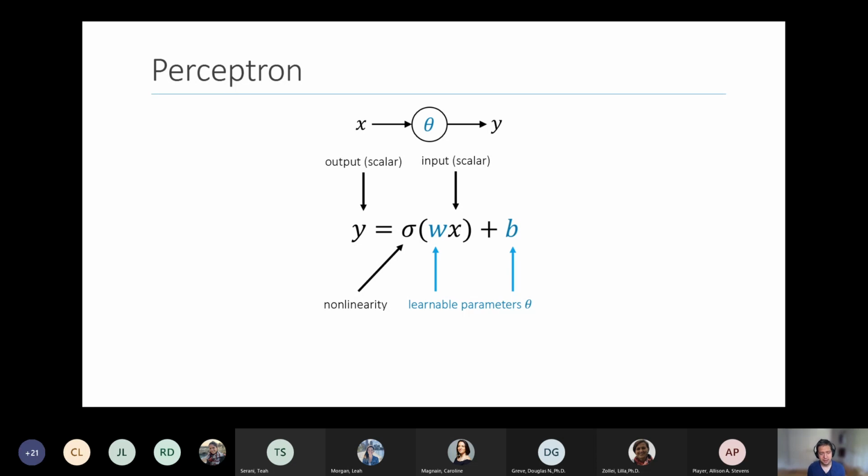This nonlinearity tends to be something very simple as well. And then we tend to add a bias term sometimes. And so it's a very simple relationship, right? It's all scalar multiplication and addition with this nonlinearity that gets applied.